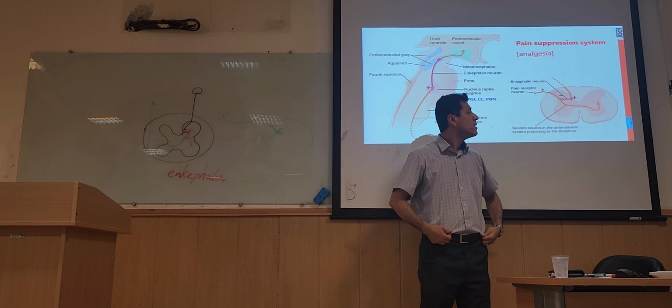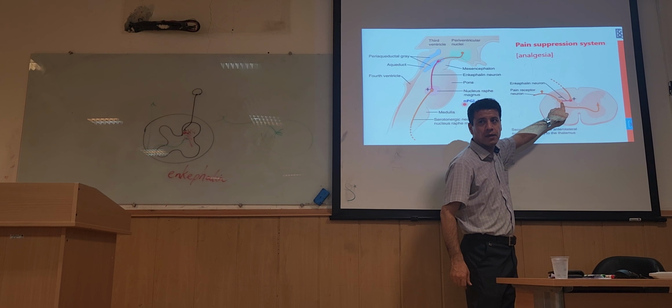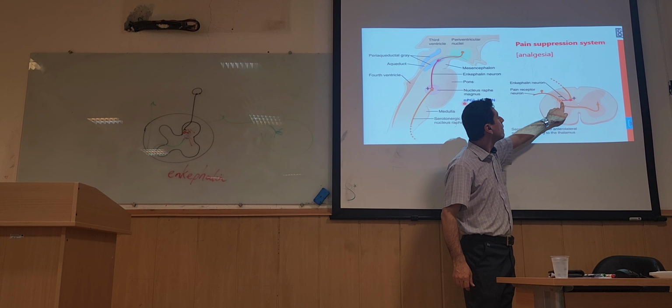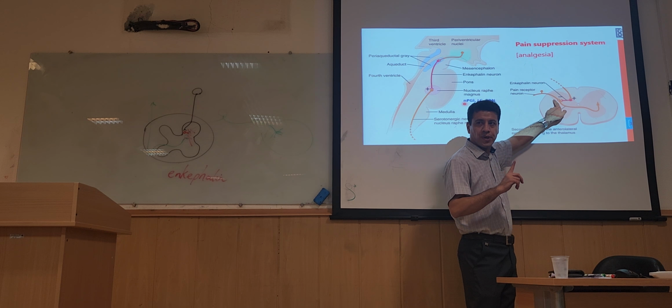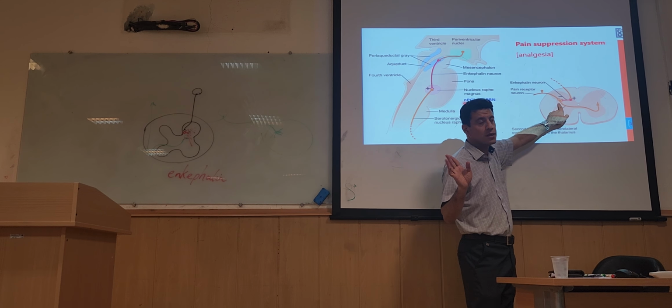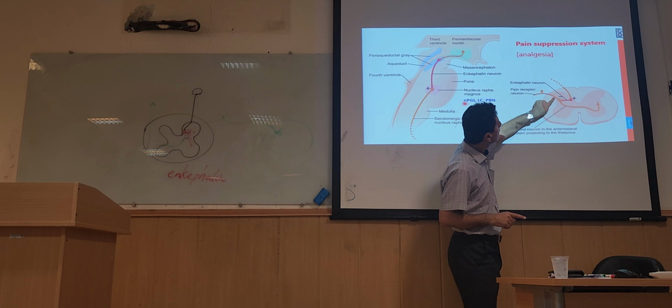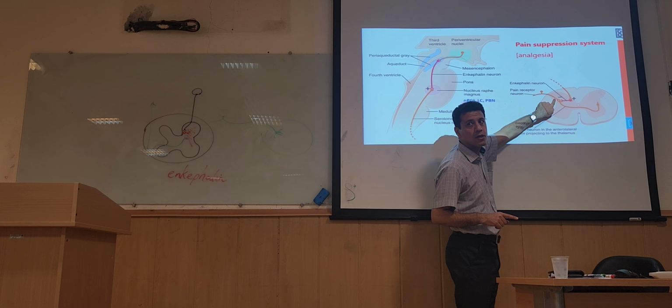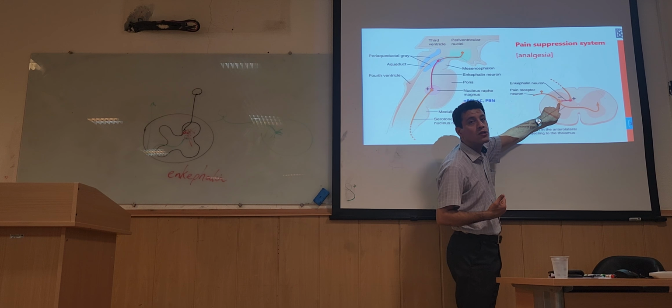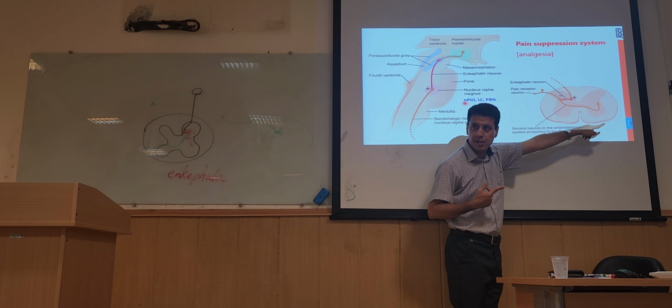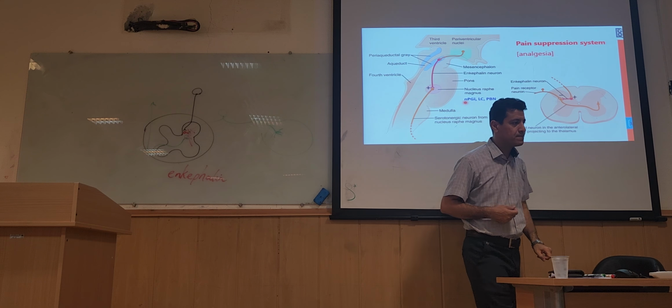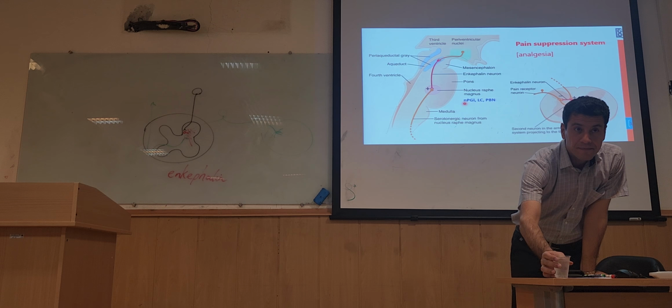And the enkephalin neuron, is it presynaptic as well? Yes, both presynaptic and postsynaptic. Presynaptic means it blocks the axon terminal of the C fiber. Postsynaptic means it also blocks relay neurons, the second order neurons in the system.